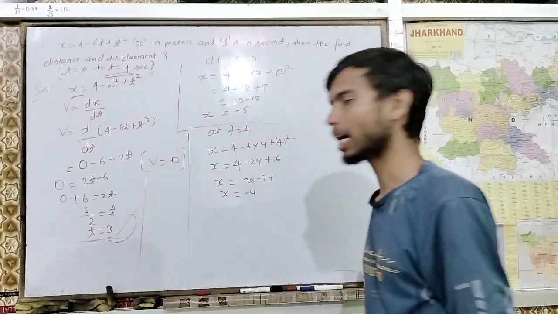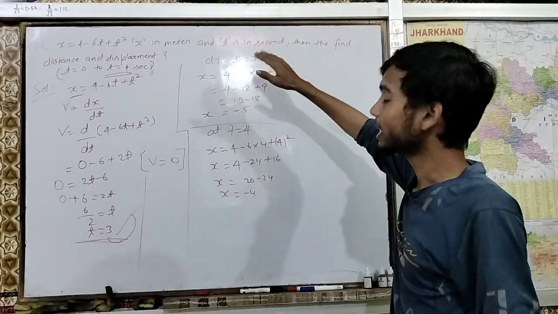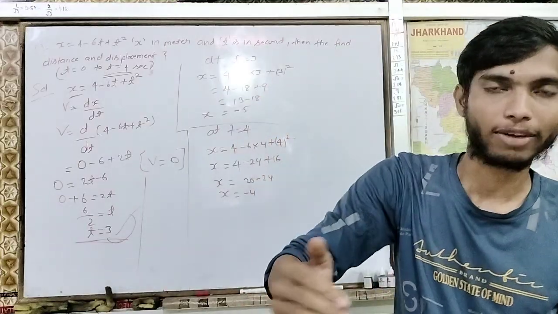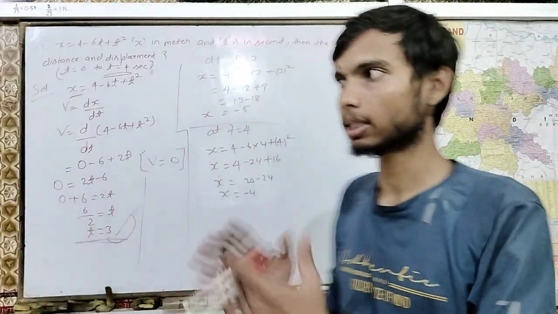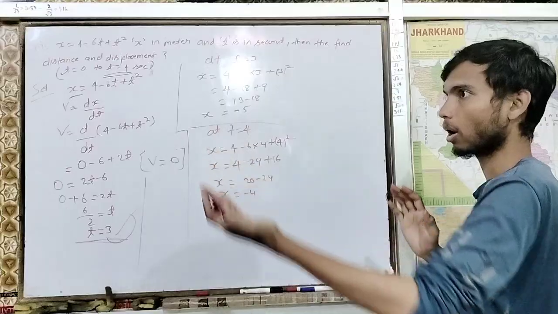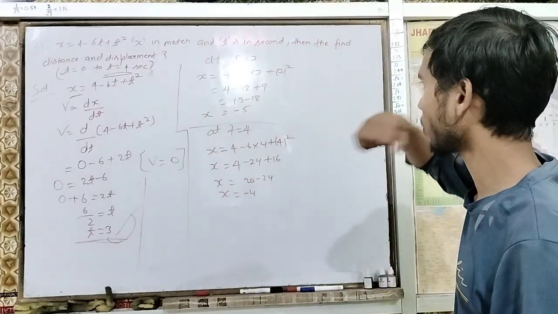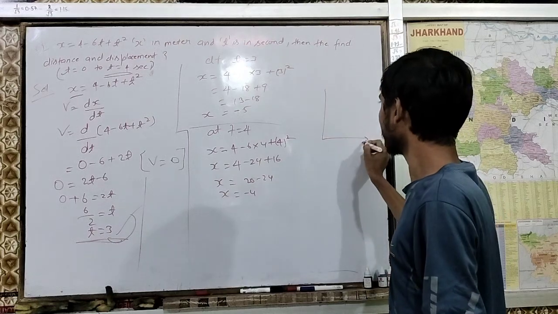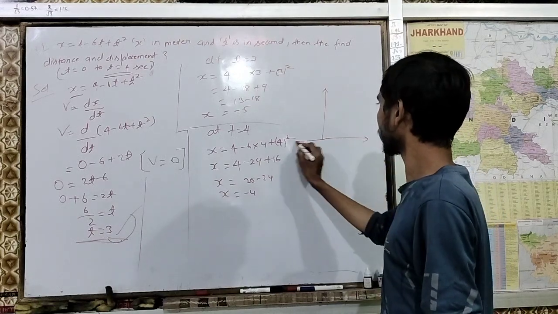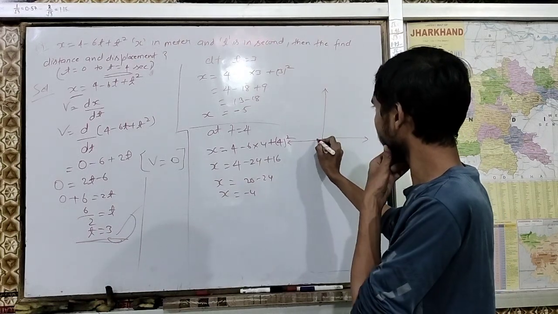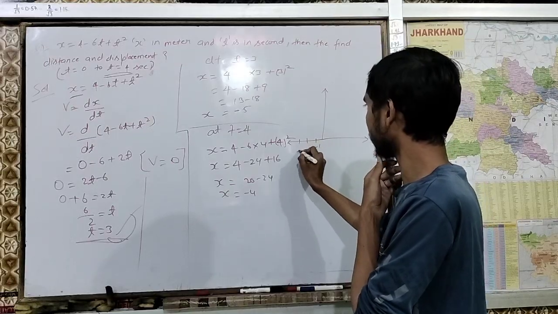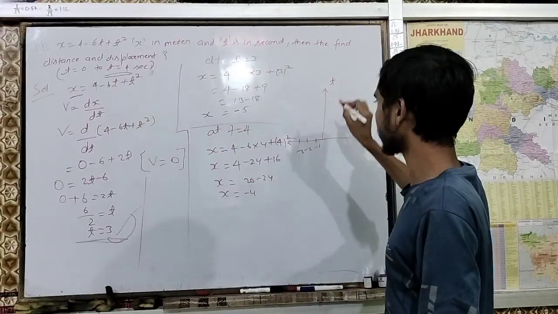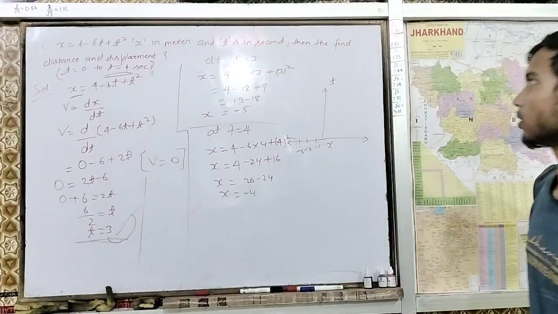Even we will visualize it. If time is 3, then the position of the object is at minus 5, and it is on the left side on the x-axis. Clear? You can visualize it like that. It is going this side: minus 1, minus 2, minus 3, like that.